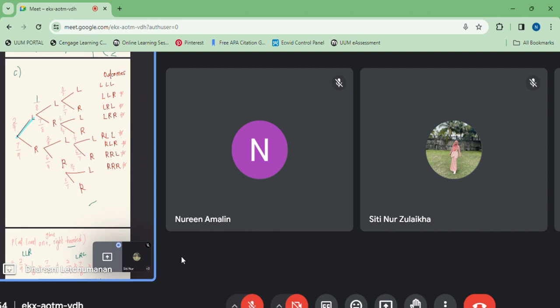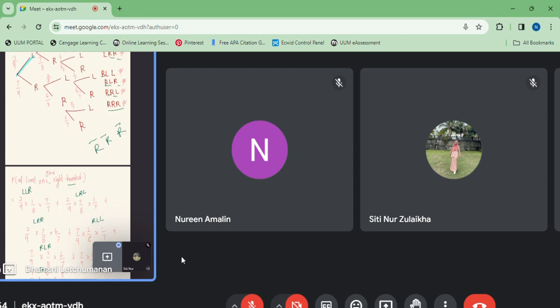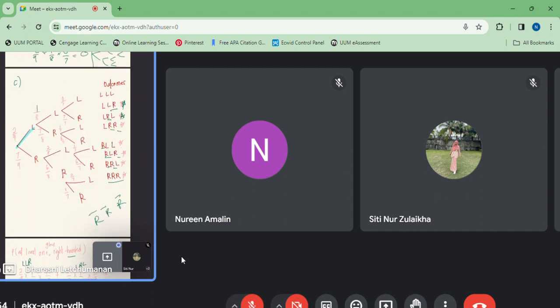That means it can have one right-handed or two right-handed or even three right-handed, because at least one means one or more. So which ones can we choose? This one has one, this one got two, this one got one, this one got two, this one got three. So you just do the calculation.